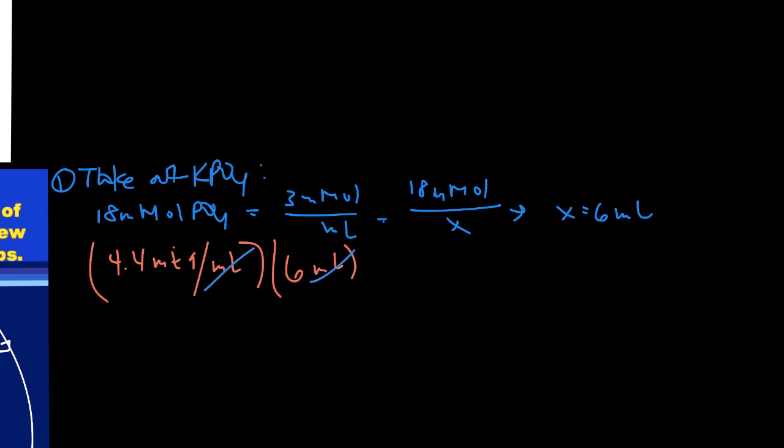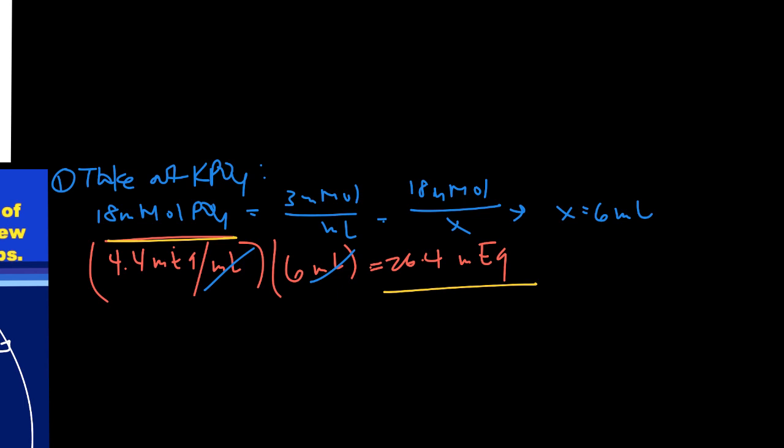Units cancel to give you milliequivalents. 4.4 times 6 is 26.4 milliequivalents. So you lost 26.4 milliequivalents of potassium, and you're taking out 18 millimoles of phosphate.